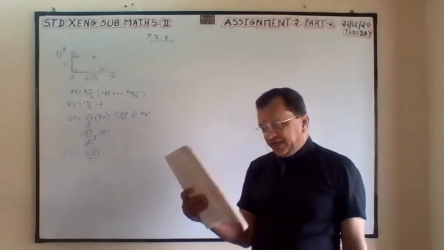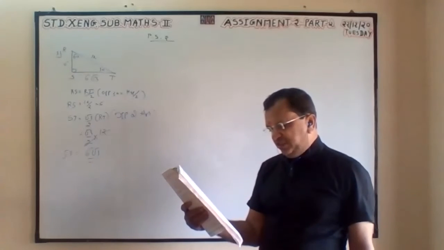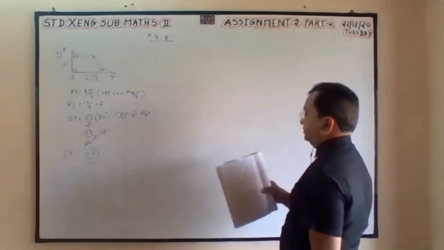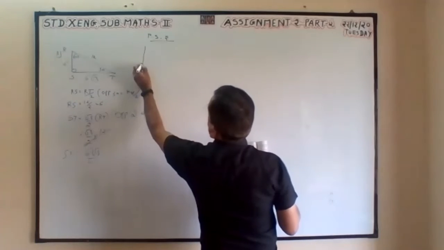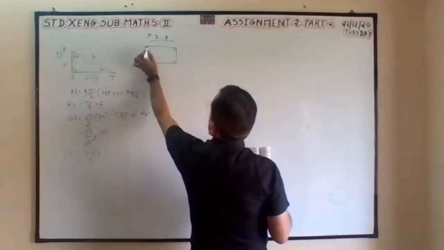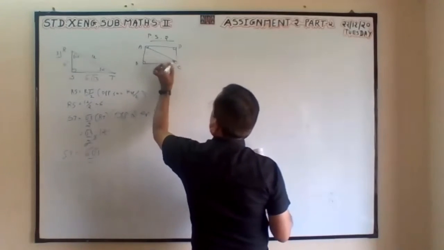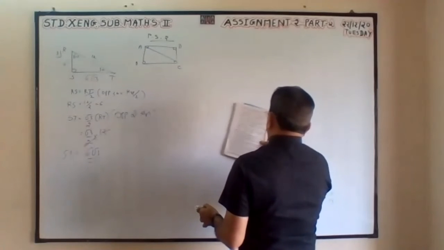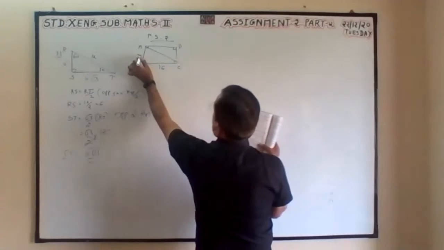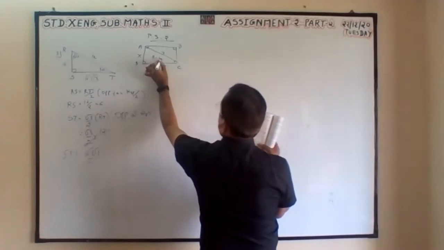Find the diagonal of a rectangle whose length is 16 centimeter and area is 192. We have to find out AC. Length is 16, height we don't know, but the area is 192.